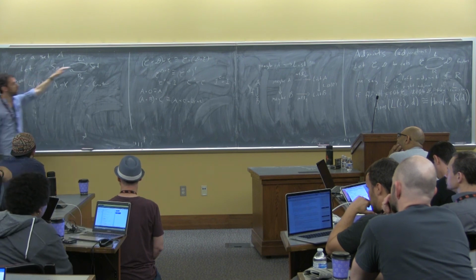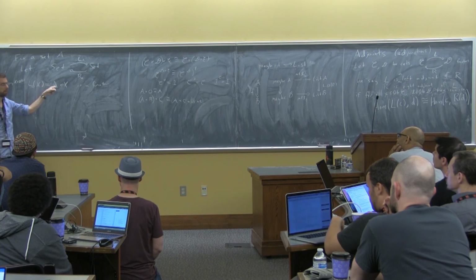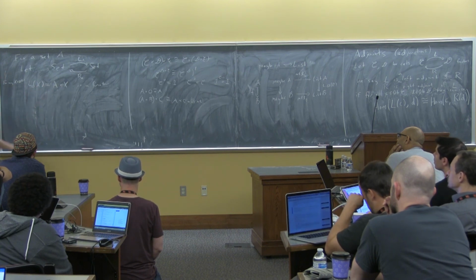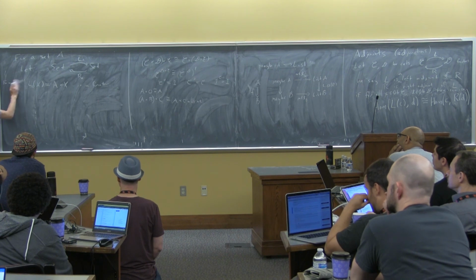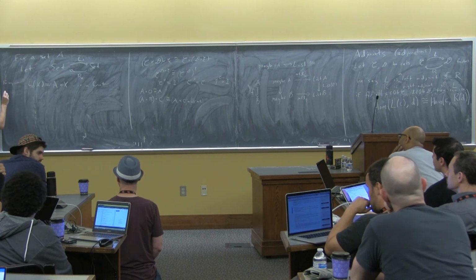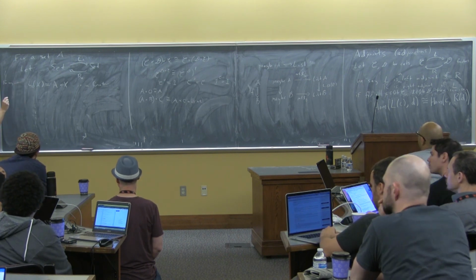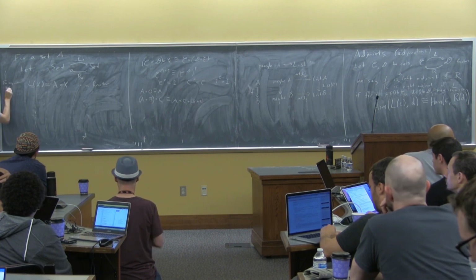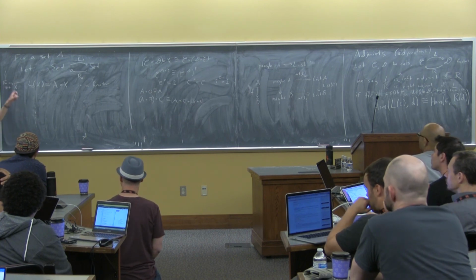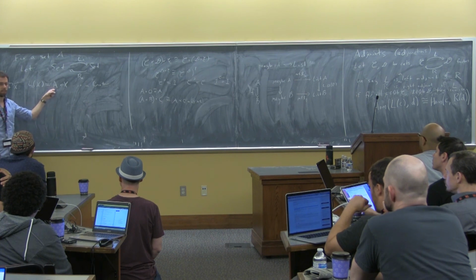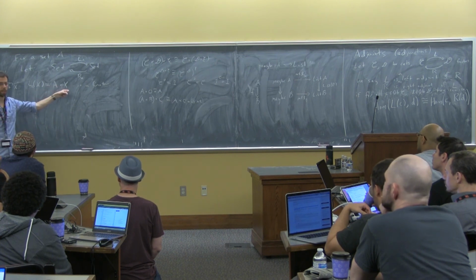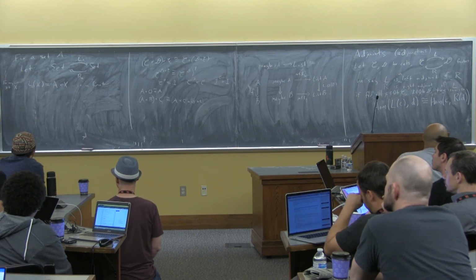I need to give you a functor from Set to Set, and on objects I take any set X and return A times X. X is a set, A is a set, so I can multiply them and get a new set, the product type, just like we were doing in the first hour.